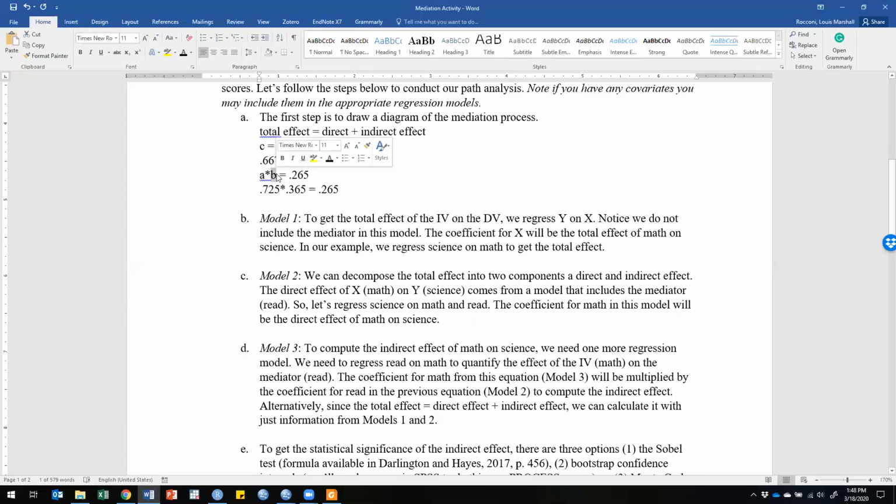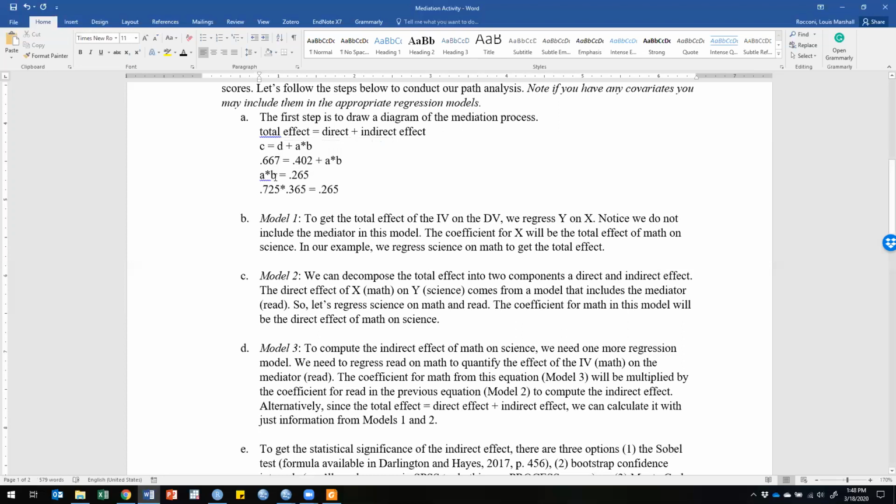So we would sample from that distribution, say 5,000 times, and then we would calculate different indirect effects from each one of those distributions, each time we sample from that distribution, and we would use that to set the variation in our indirect effect.